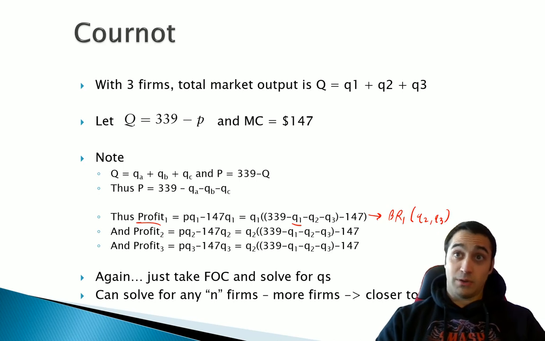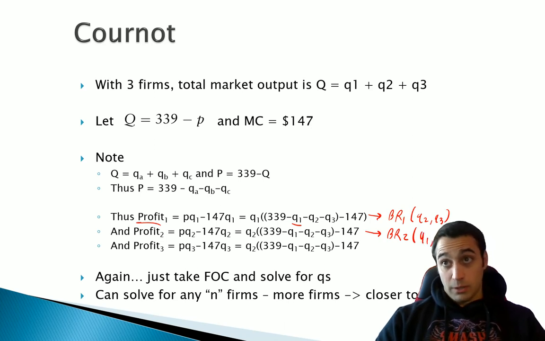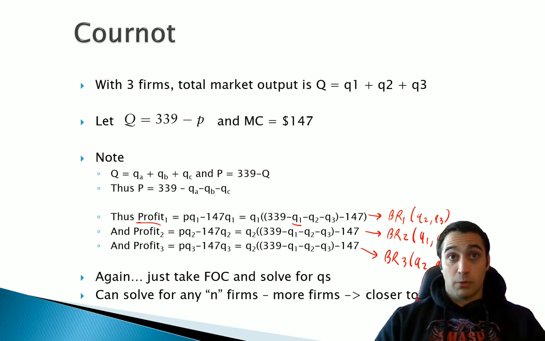Similarly, for firm 2, you could take derivatives and solve out for the best response for firm 2 to the quantities output by Q1 and Q3. And then you do the same thing for firm 3. Then you'd have 3 equations you could plug all into each other, and you'd resolve some Q1, Q2, and Q3.